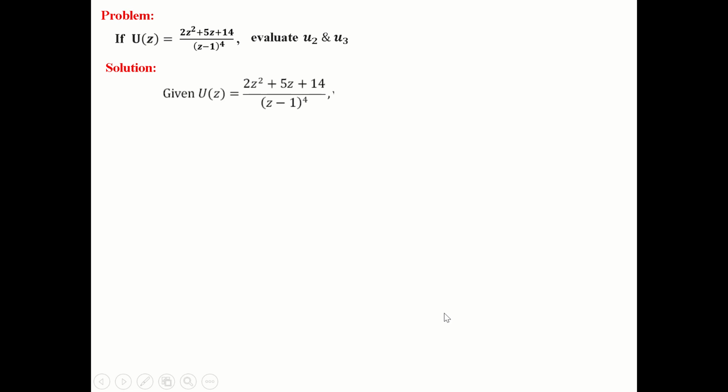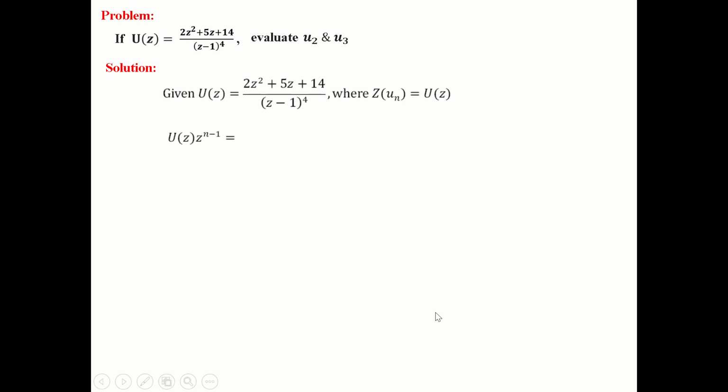Given u of z equal to (2z² + 5z + 14) divided by (z − 1)⁴, where Z of u of n is nothing but u of z. There, Z of f of n is equal to capital F of z. Same procedure, we just change the notation according to the given problem.